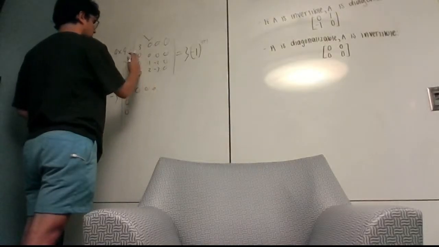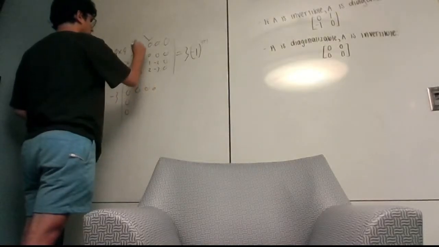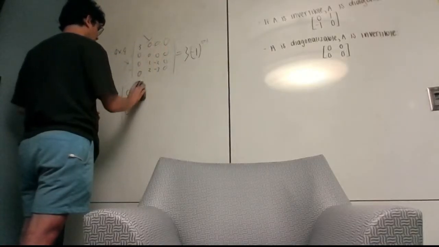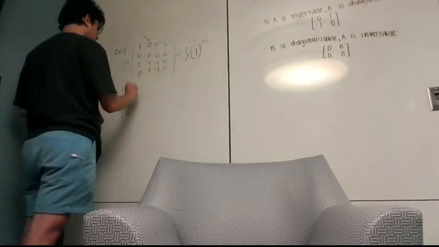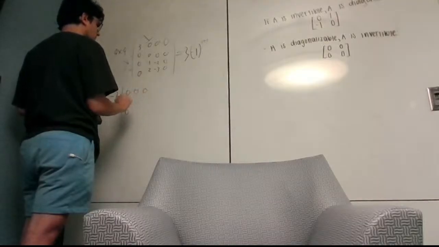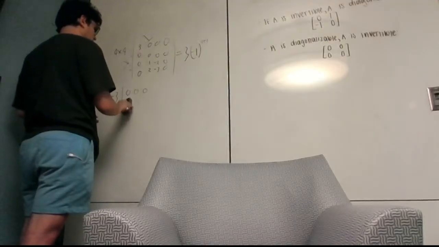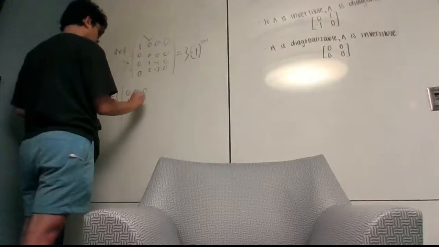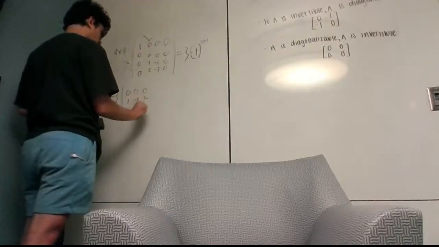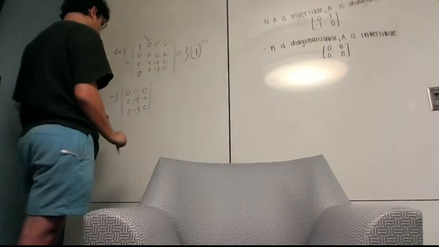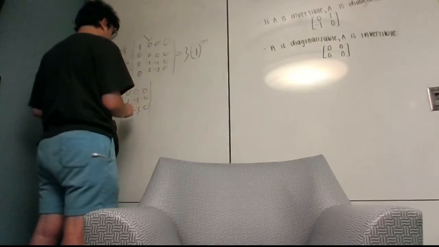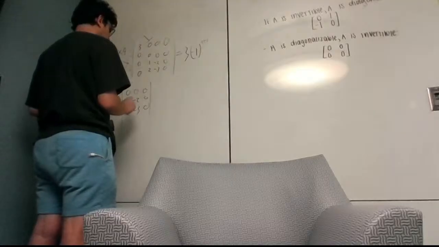Now that we're expanding along here, we ignore this row and this column. So now we have a 3 by 3 matrix. Do we want to expand on this or on this?